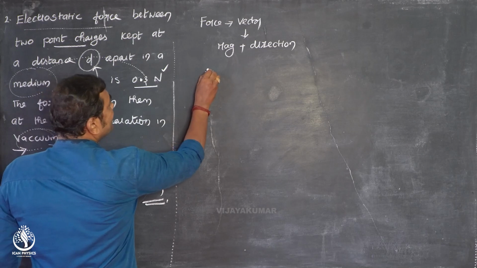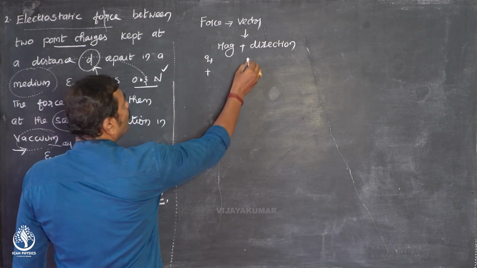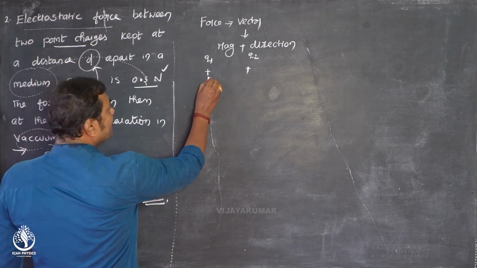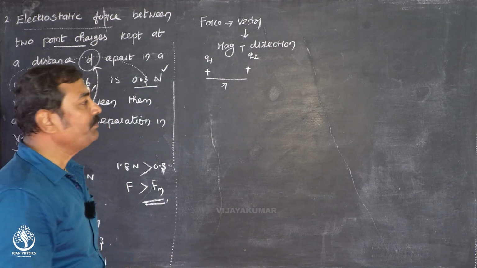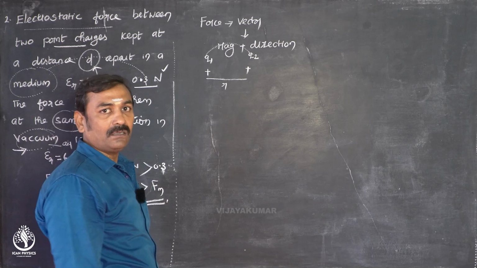So let us consider positive charges. So this one is Q1 and this may be Q2. These two charges are separated by a distance of R. Now Q1 experiences a force due to Q2.